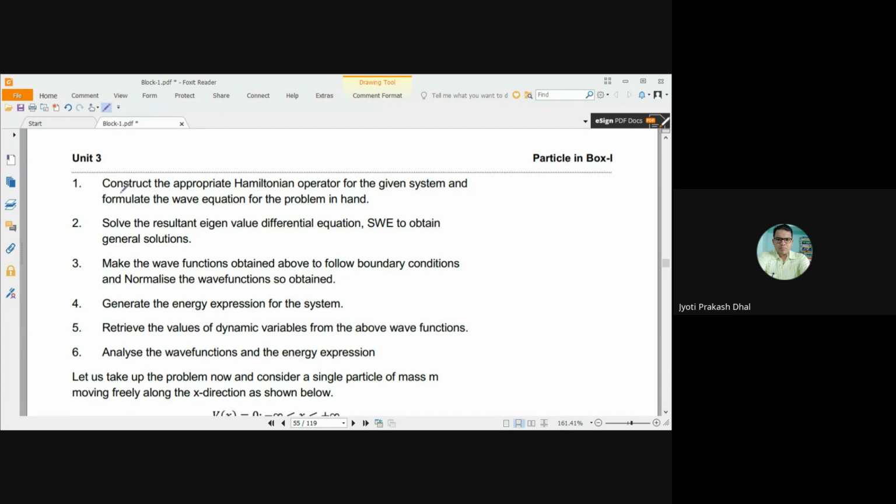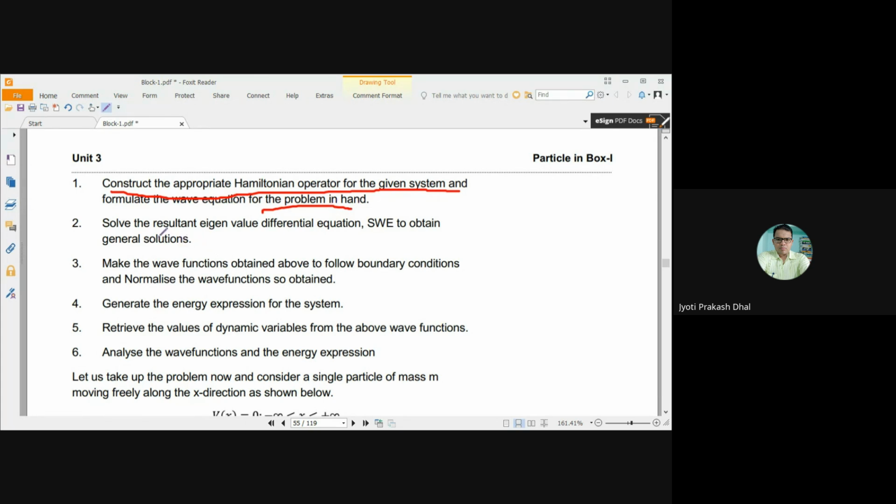So the first step is to construct the appropriate Hamiltonian operator for the given system. That means here we will construct a proper Hamiltonian operator, that is the total energy operator, and formulate the wave equation for the problem in hand.